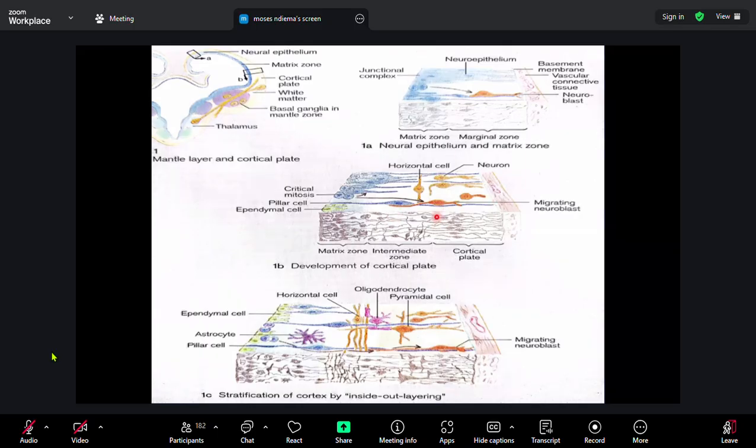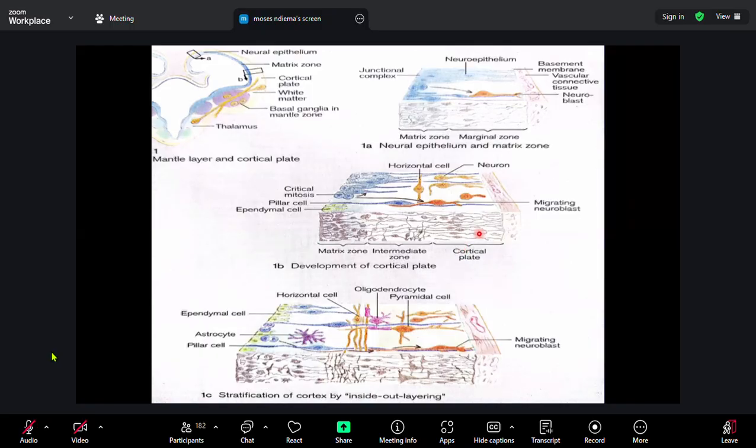So this is how we have our cerebral cortex having now the gray matter. Once all the matrix cells have moved out, what remains is an ependyma, and then the white matter, and then the gray matter on the outside.